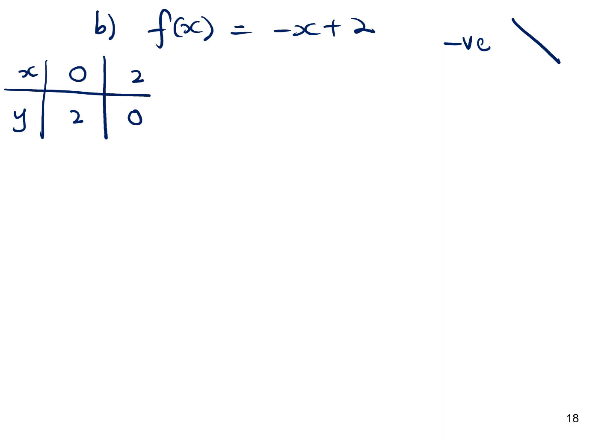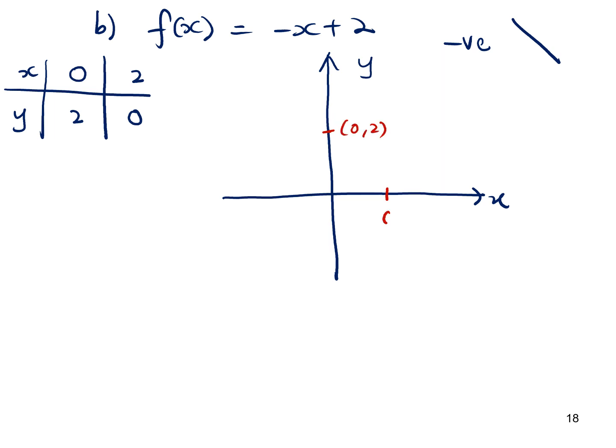After that, draw both axes, x and y, and then put the points here. We have (0, 2) here, and (2, 0) here.